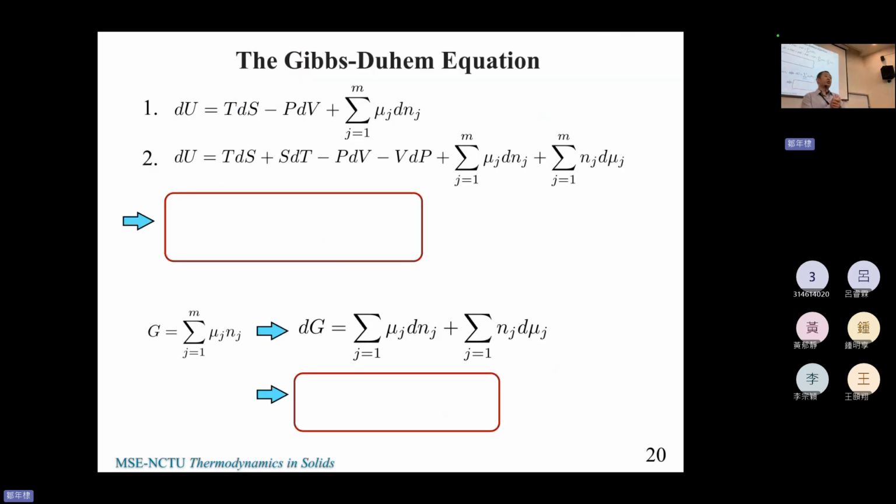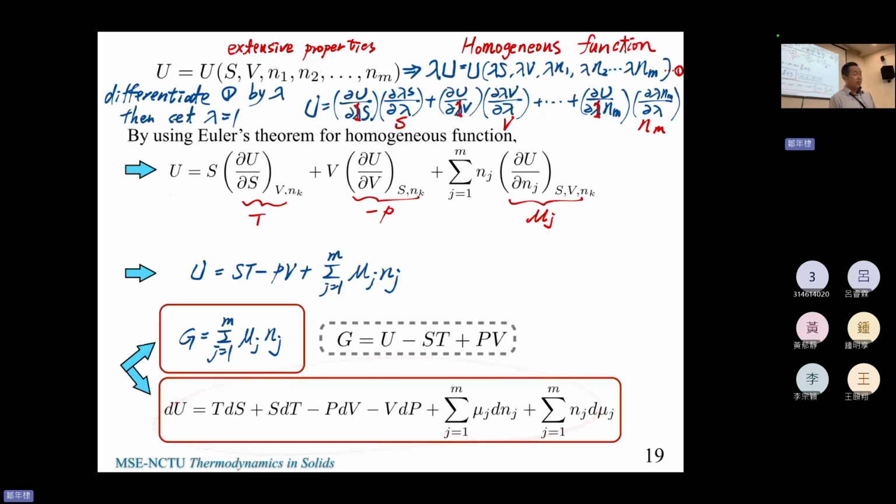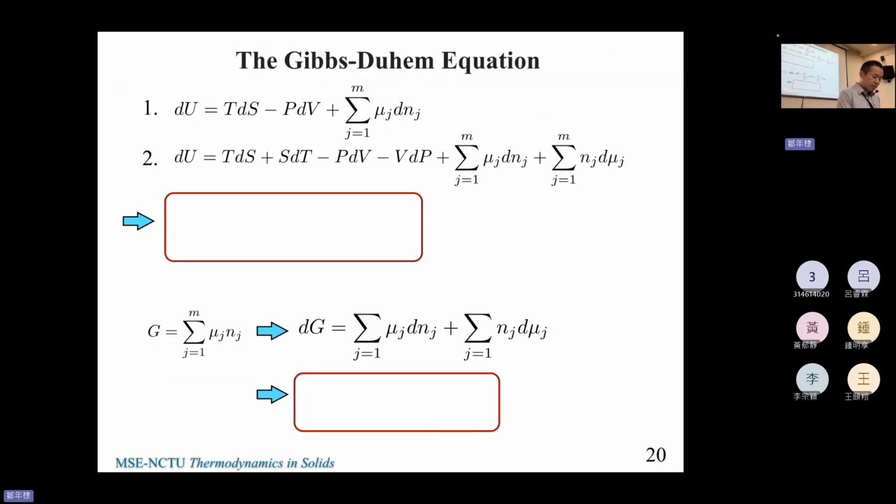So we are going to introduce the famous Gibbs-Duhem equation. Okay, so this is the equation we just obtained in this page, right? But we also know that, by definition, dU equals TdS minus PdV plus this one.